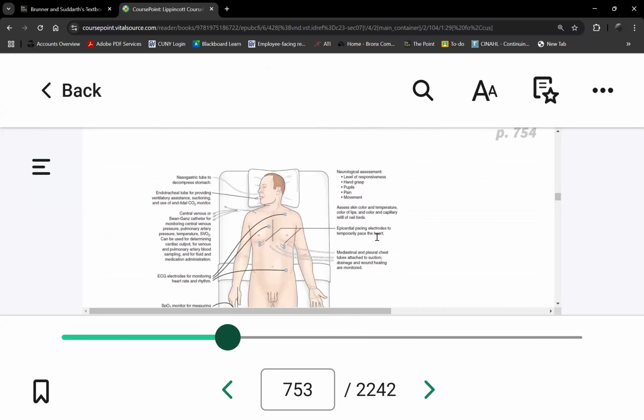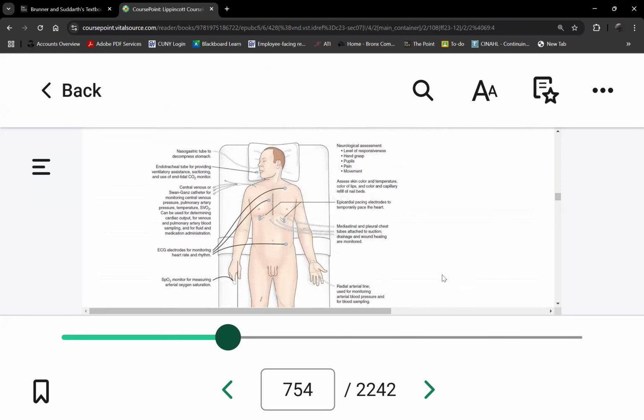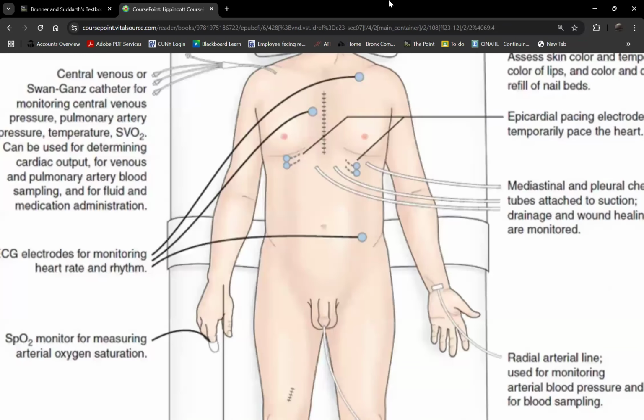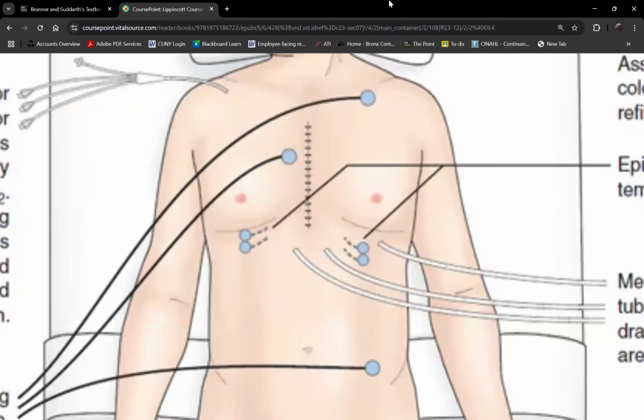But expect tubes coming out. So here are the tubes that you have to monitor. There are 3 tubes here because these 2 mediastinal tubes are attached to, remember chest tubes, right? Okay, so the same chest drainage system.